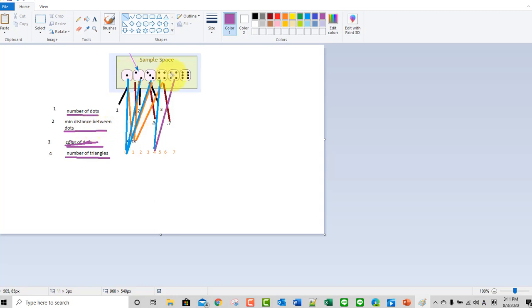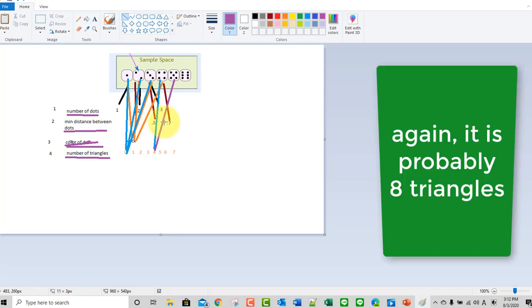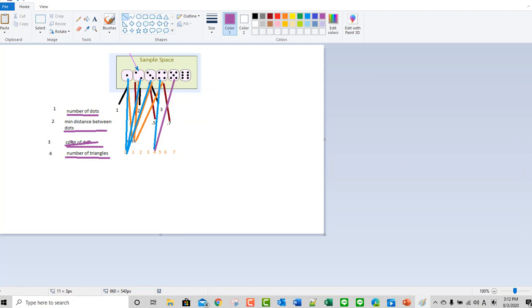So then we take each one of these outcomes, and that also assigns a number. So the minimum distance assigns the minimum distance. And this one assigns a number too, number of triangles. So this has 0 triangles, this has 0 triangles, this has 0 triangles, this has 4 triangles, this also has 4 triangles. So these are all examples of random variables.